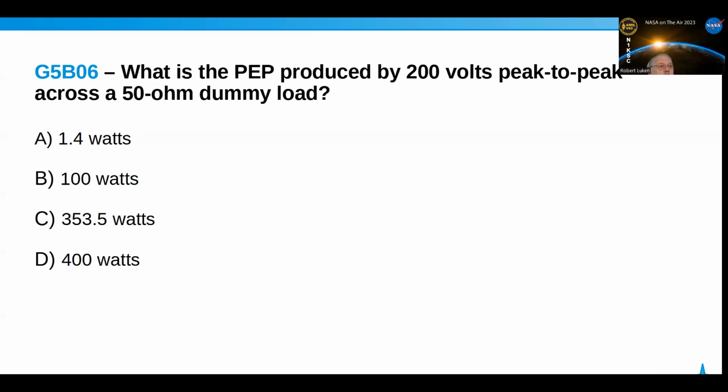And the RMS of 100 volts peak is about 70.7 volts, right? Right. Okay. But we have to square it. So what's 70.7 squared?